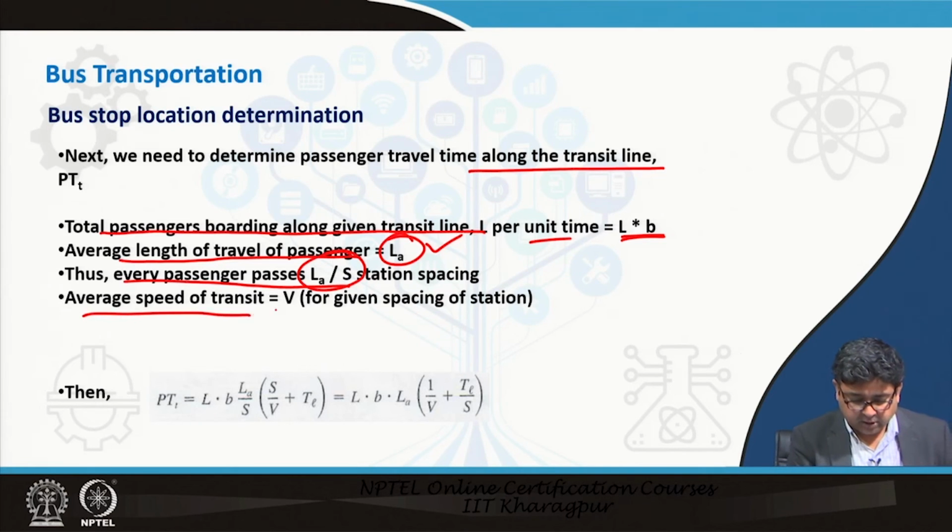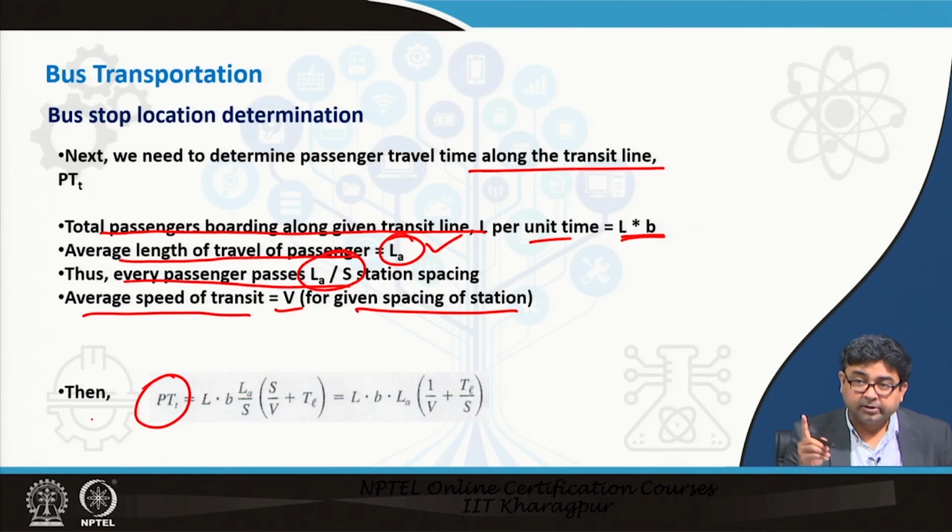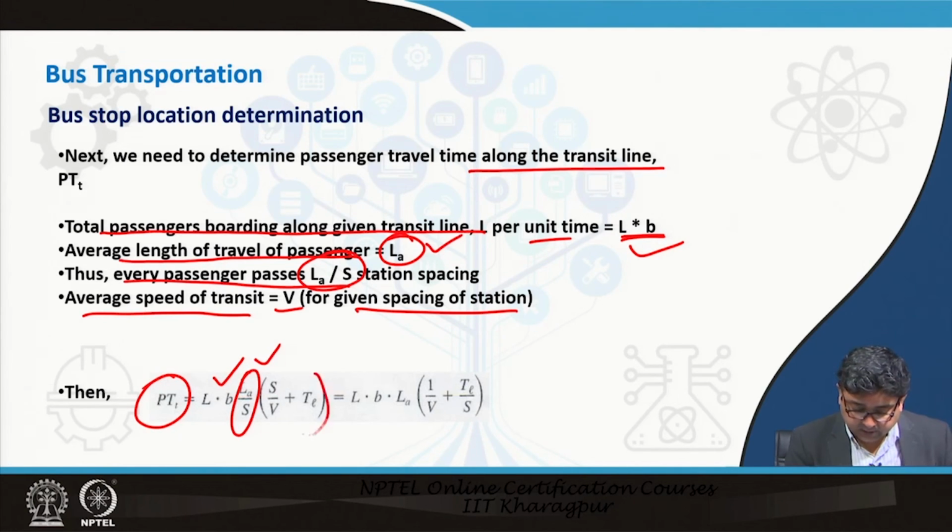And if the average speed on the transit line is V for a given spacing, then the passenger travel time on the transit line equals L times B times L A by S, multiplied by the velocity, for whatever given spacing, what is the speed, plus TL.